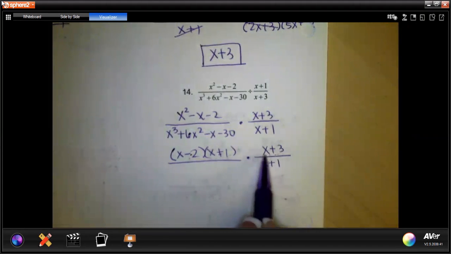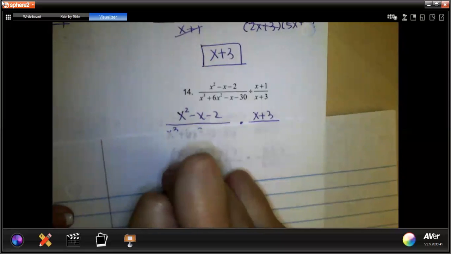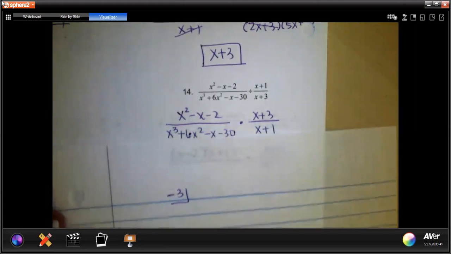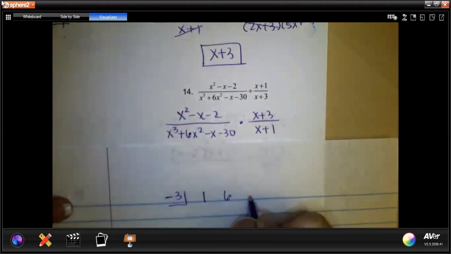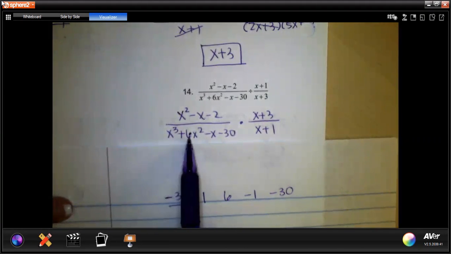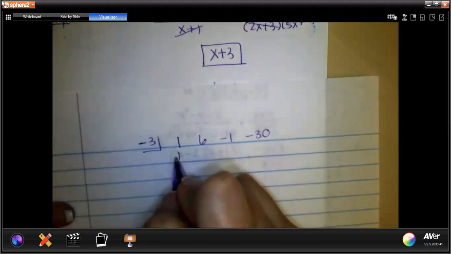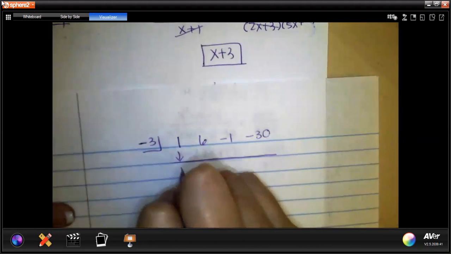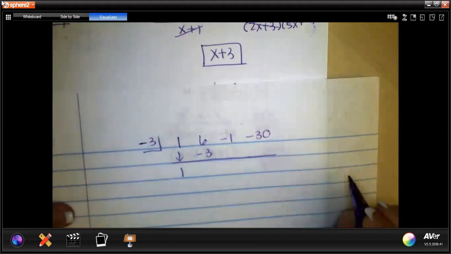The root here is -3, so I go back to my synthetic division. Remember, with synthetic division, we go -3 in the corner there, and then we use our coefficients, 1, 6, -1, and -30. That's our coefficients for this one. I drop my first term. I multiply. -3 times 1 is -3.